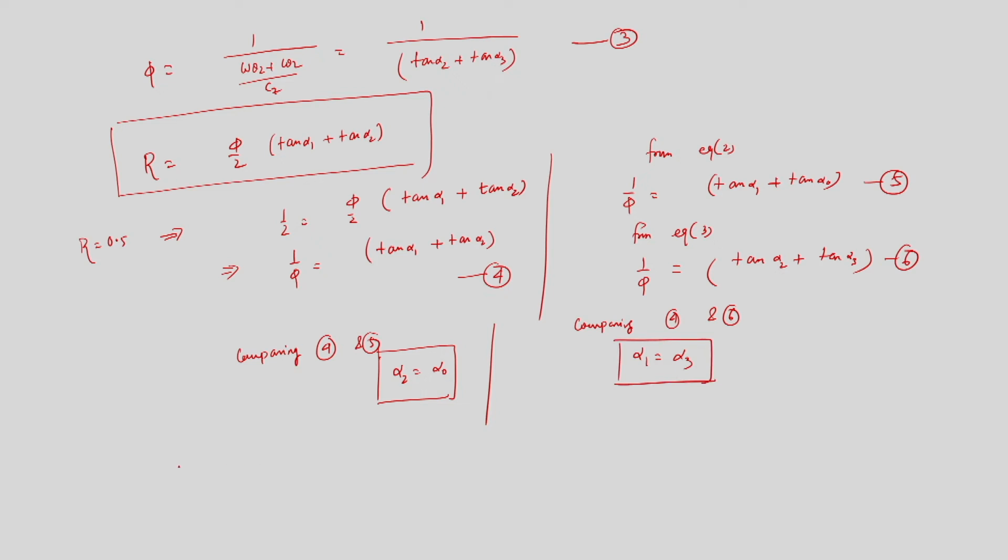So for a degree of reaction of 0.5, we have obtained that alpha 2 is equal to alpha naught and alpha 1 is equal to alpha 3. What does this indicate? It indicates that the velocity triangles are mirror images.